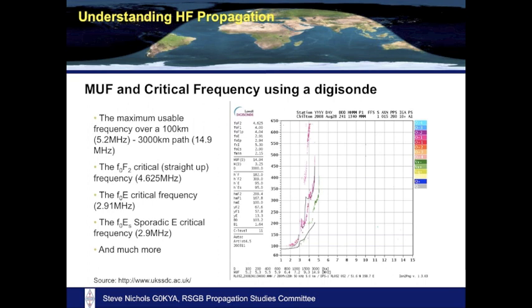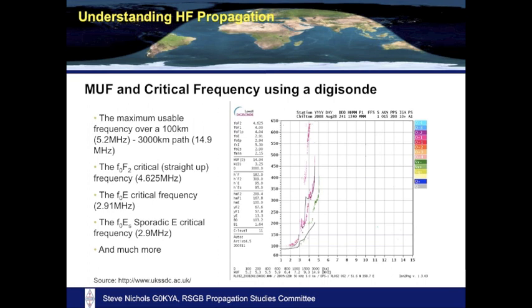From this, we can then deduce something else: what would be the maximum usable frequency over a longer path? This suggests that over a 100-kilometer path, about 62 miles, we could use 5.2 megahertz, or over a 3,000-kilometer path, we could be using 14.9 megahertz. So what it's doing is working out the maximum usable frequency over a long distance from the critical frequency.